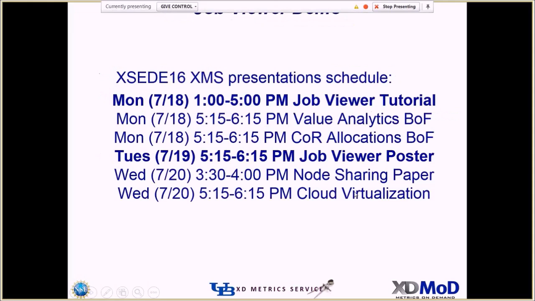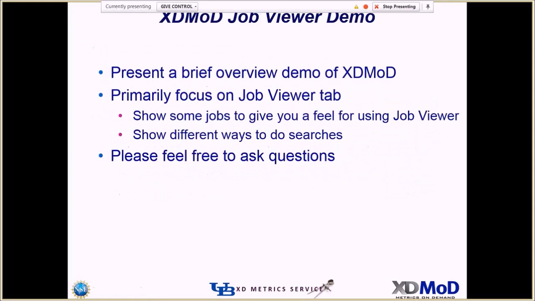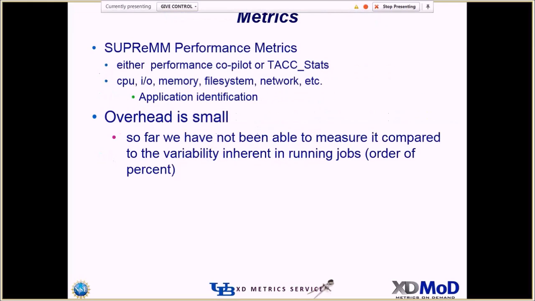All right, let me briefly re-mention some of the things that are key for the Job Viewer. The metrics in there come from what we call SUPReMM performance metrics, and they come from either TACC Stats or Performance Copilot.